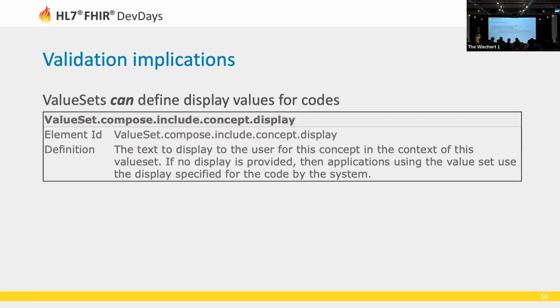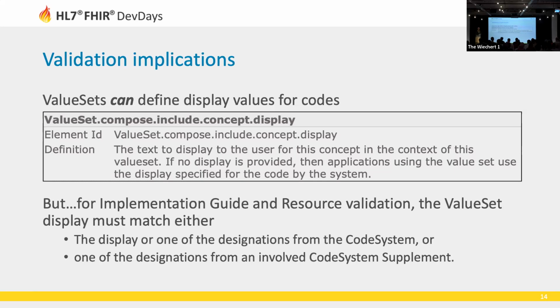So in terms of implications for validation, you can see here that a value set can say, in the context of that value set, the display for a particular concept should be this text, not whatever the ordinary display term is for that code in that code system.